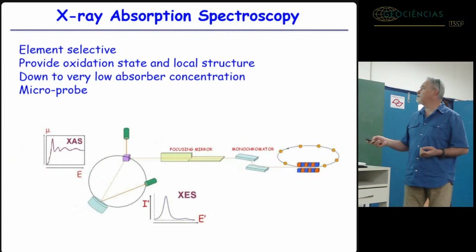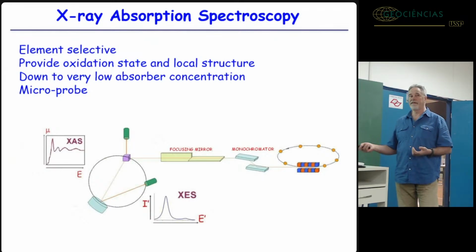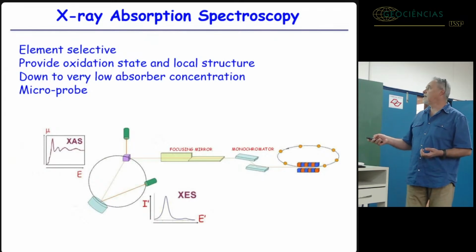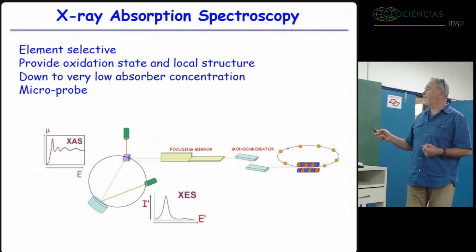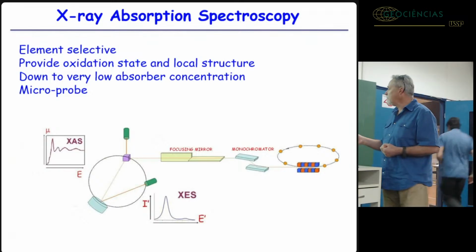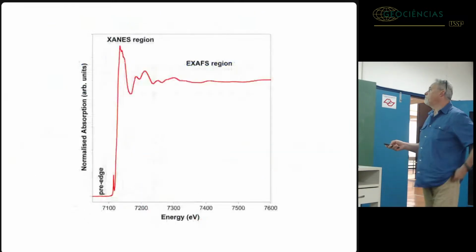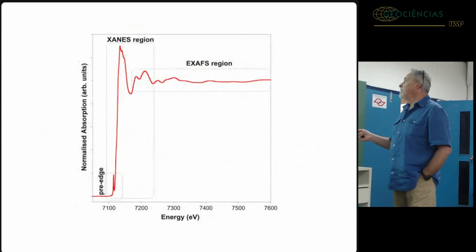So basically you measure the incoming intensity and the transmitted intensity, or the fluorescence intensity, and the logarithm of the incoming over transmitted, or the fluorescence over the incoming, gives a curve like this, which is basically how much the sample absorbs the X-rays as a function of the energy. So this is what an X-ray absorption spectrum looks like.